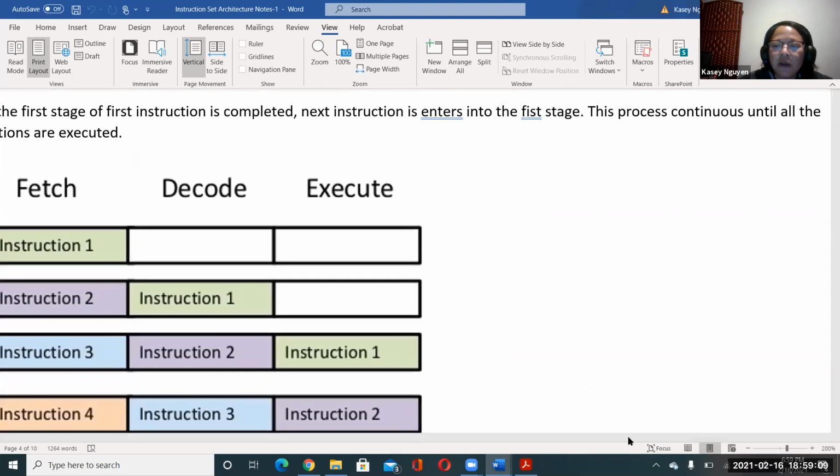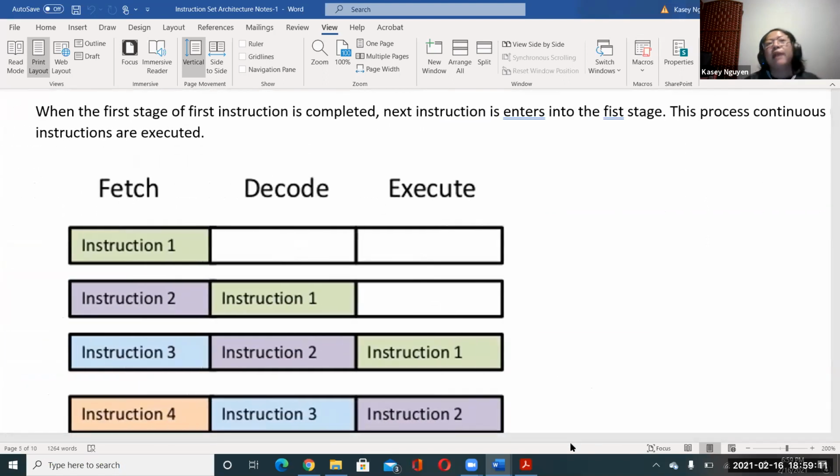So as you know, when you compile your program, it has to fetch, decode, and execute. So what does it mean? It has to take what that program is, break it down, translate it, and then be able to execute it. And when we do this, it has to be done in stages in assembly.